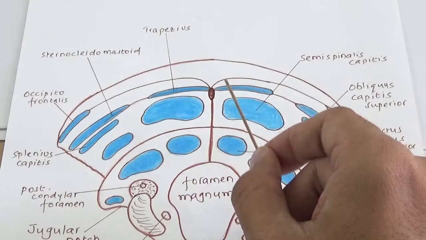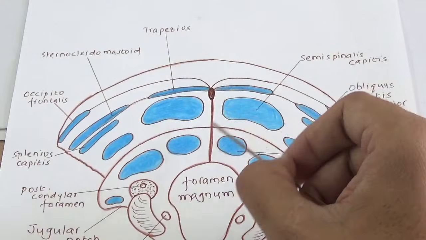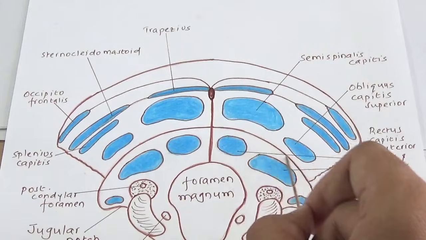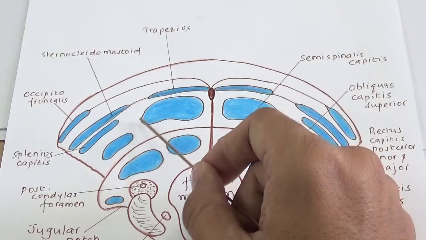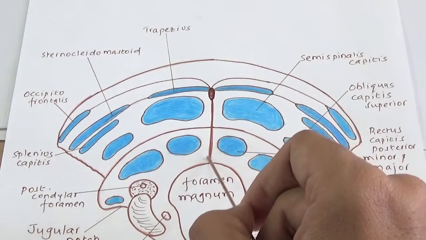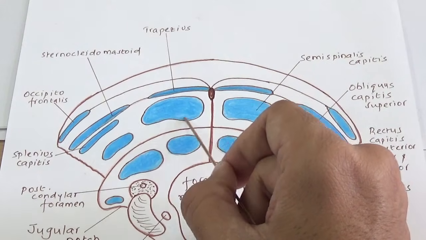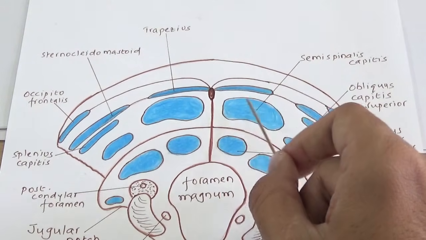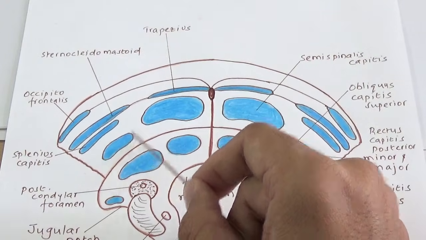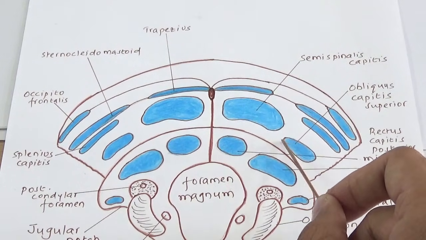The area below this superior nuchal line is further subdivided into four quadrants by the inferior nuchal lines. So in the upper part, on either side of the external occipital crest, between the superior and inferior nuchal lines, the medial portion provides attachment to semispinalis capitis, and laterally this area provides attachment to obliquus capitis superior, or superior oblique muscle.